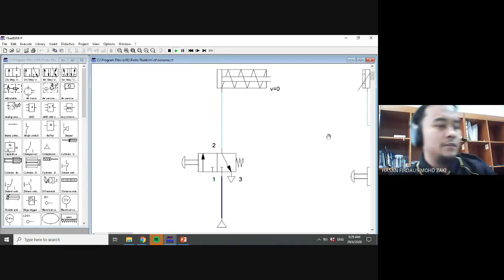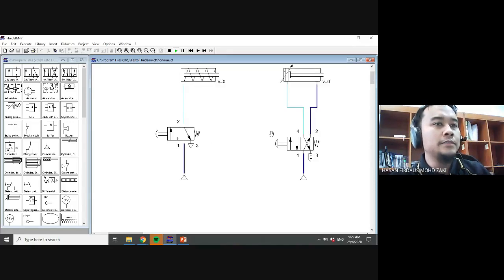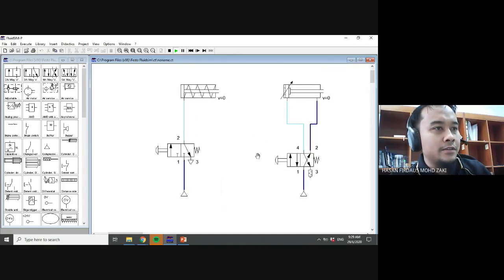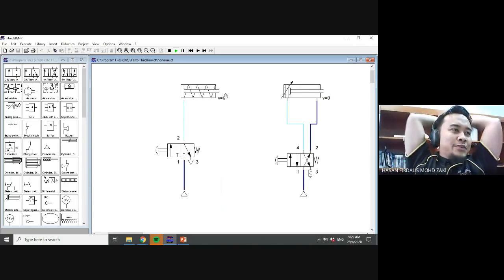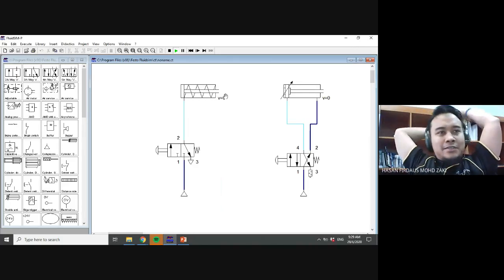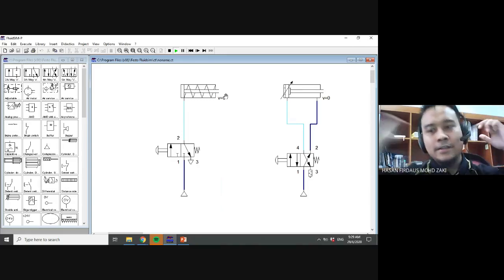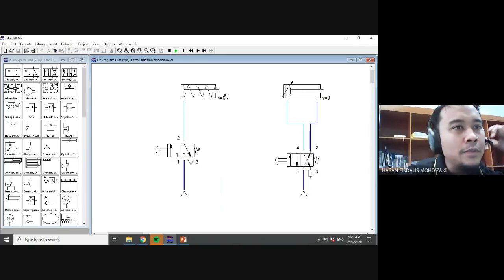That's for the single acting cylinder. Any question for this? You need to really understand this first so that we can move to other topics.